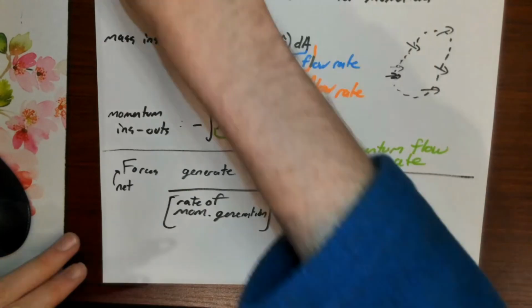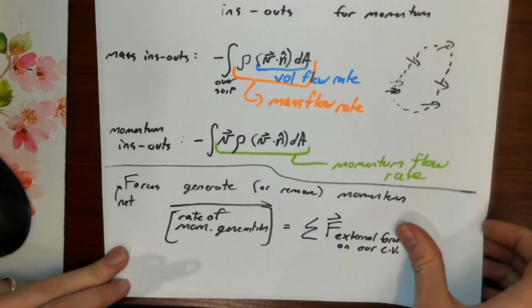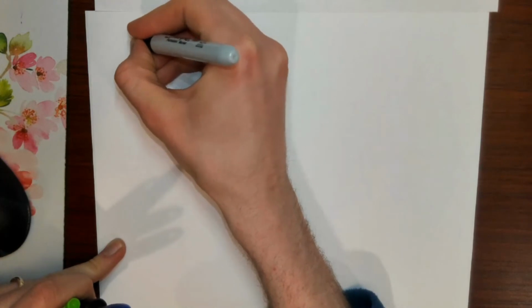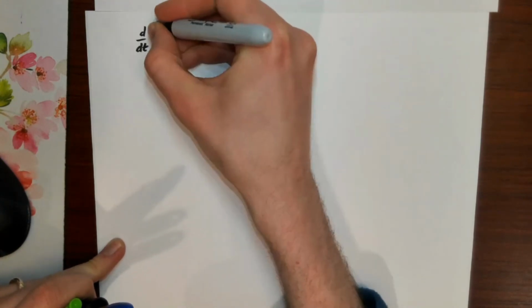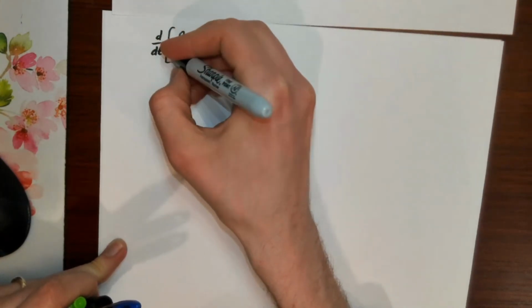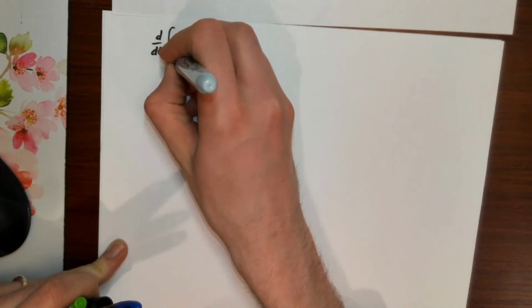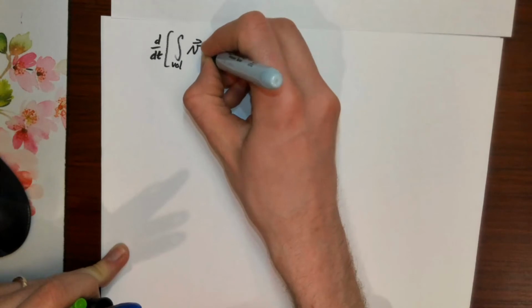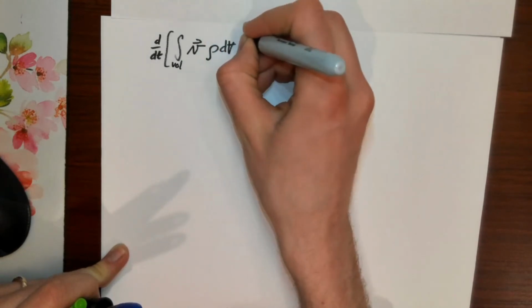So before we get too deep, I've talked about a whole bunch of terms. Let's put all of our terms together. So the left-hand side was d/dt of an integral over the volume of V times rho dV.